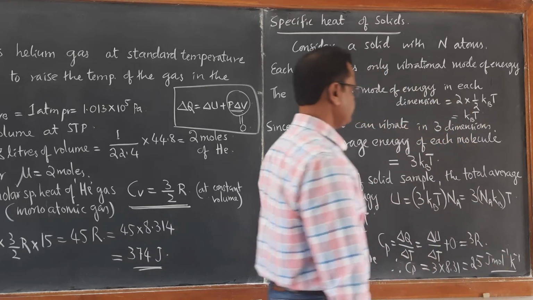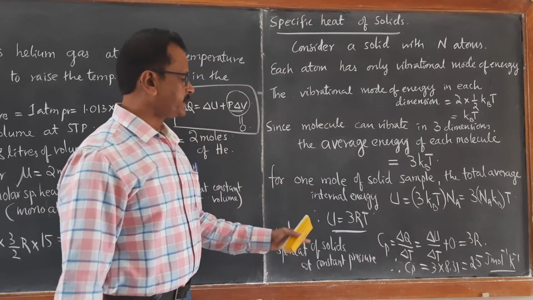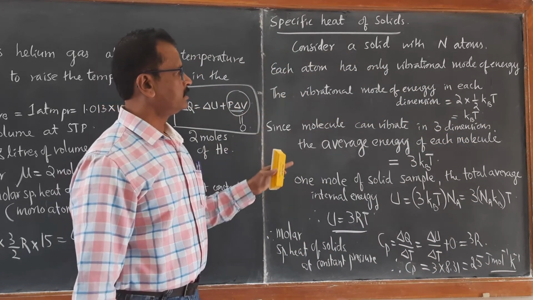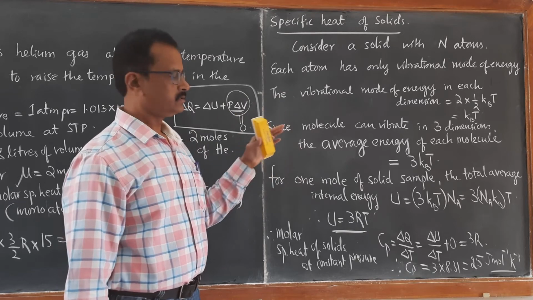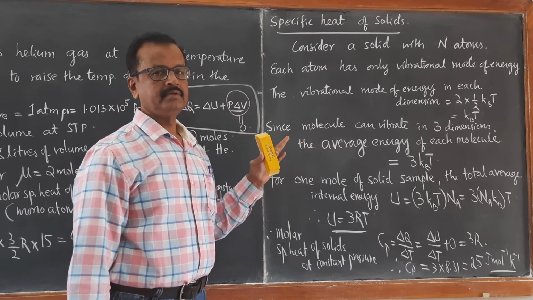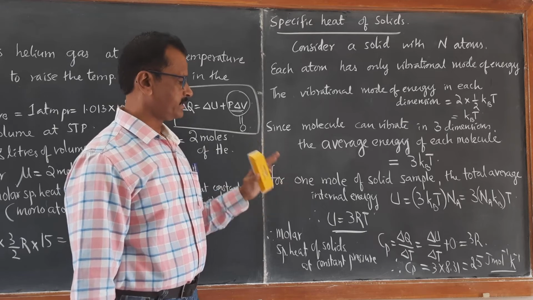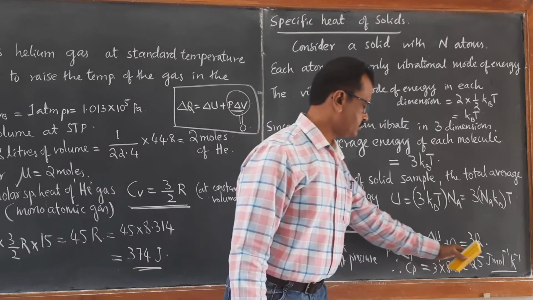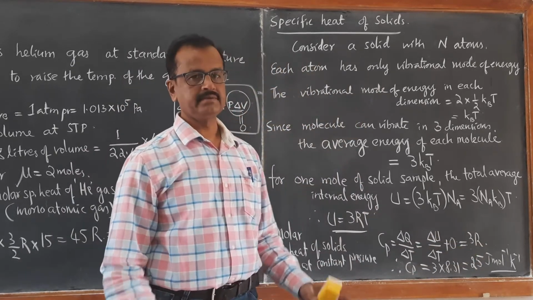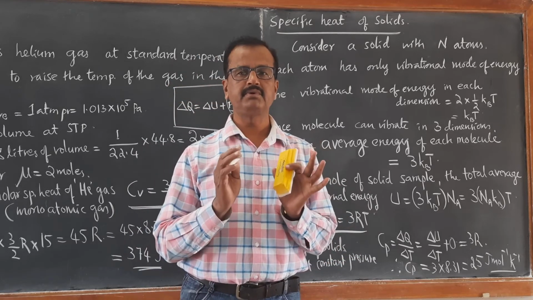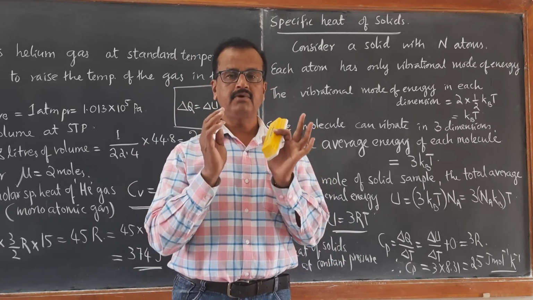So this is the predicted value using the law of equipartition of energy, using the kinetic theory of solids. Cp is equal to 25 joule per mole per Kelvin. So this is a constant, 25 joule per mole per Kelvin for solids.